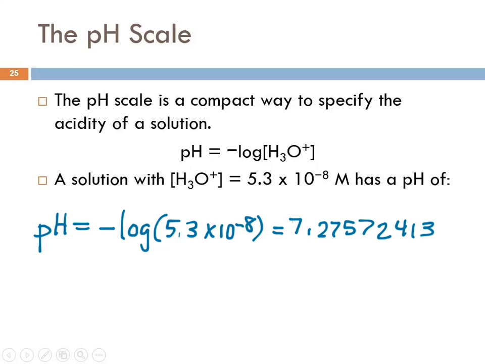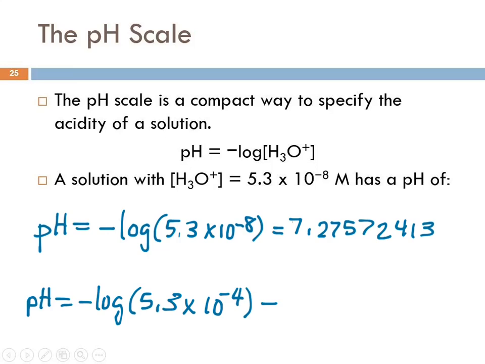So, significant figures and logarithms. Let's do something else here. Let's find the pH of a solution that is 5.3 times 10 to the minus 4. That's going to be 3.27572413.